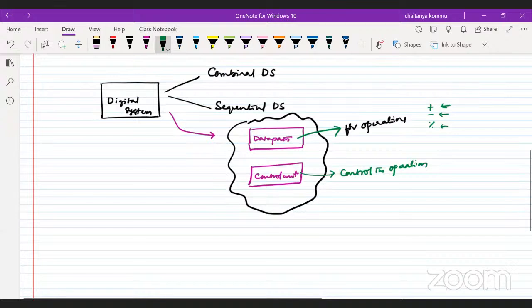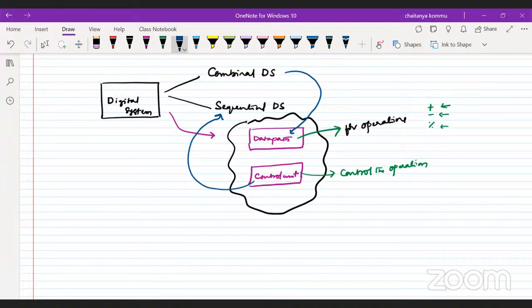The data path unit is most of the cases combinational, because the outputs depend only upon the present input conditions. But the control unit is not like that. The control sequence depends upon what we have done previously.